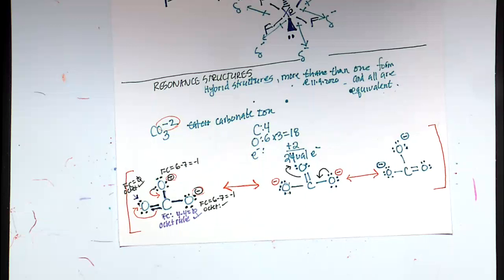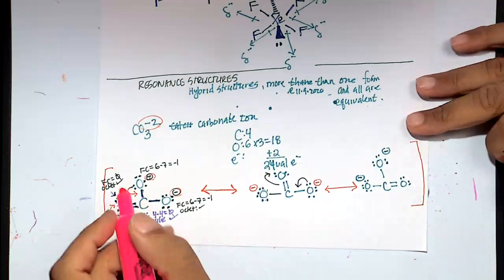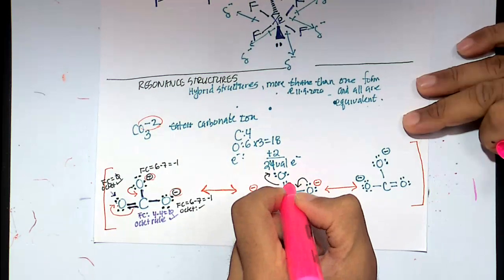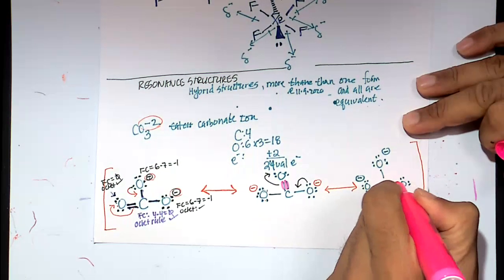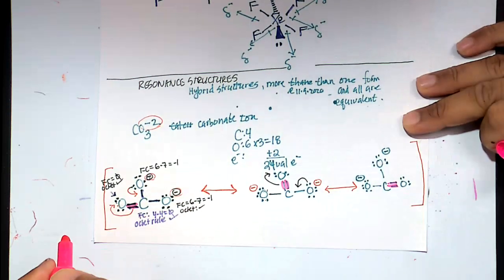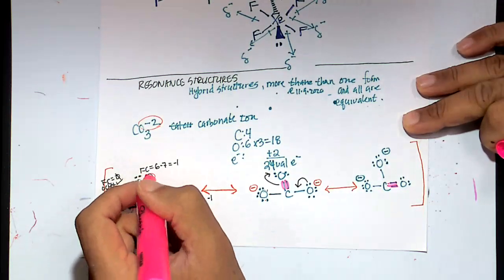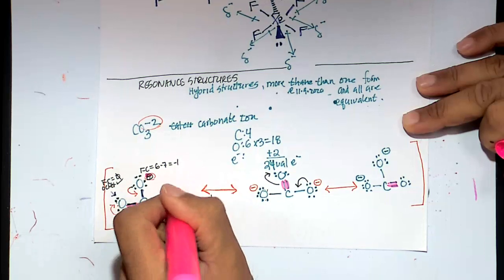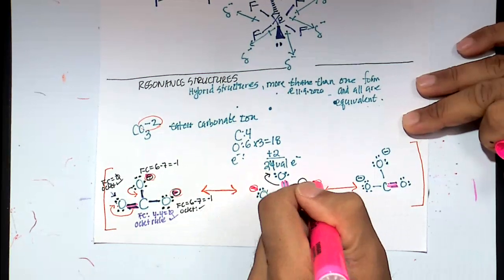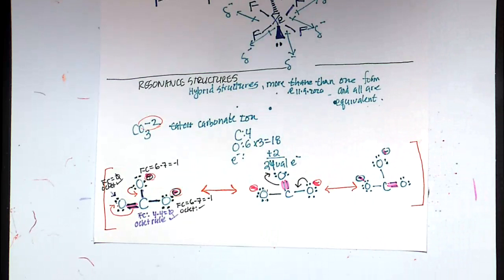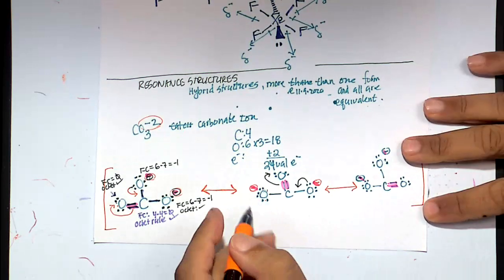So what's pretty powerful about resonance structures is that the double bond is sort of shared across all oxygen atoms. You see the minus charges shared equally. We call this delocalized in the chemistry field.